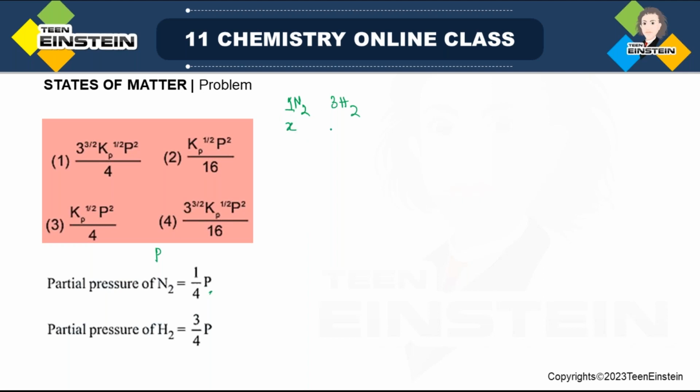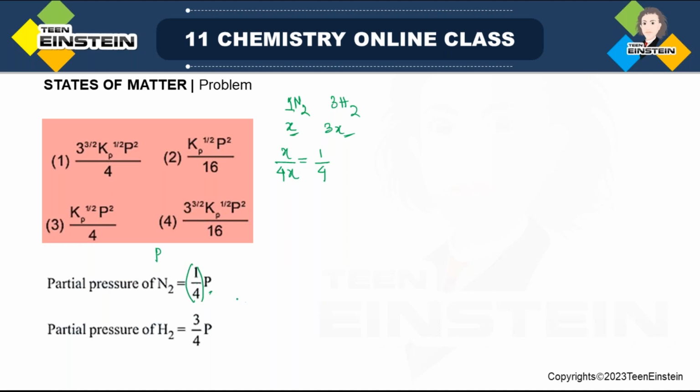Even if you write it as x and 3x, that also doesn't matter, because total number of moles is 4x, x plus 3x, and number of moles for nitrogen is x. So whether you consider x and 3x or 1 and 3, you will always get 1/4. So don't make it unnecessarily complicated. Simply write 1 and 3, and this is the mole fraction of nitrogen.